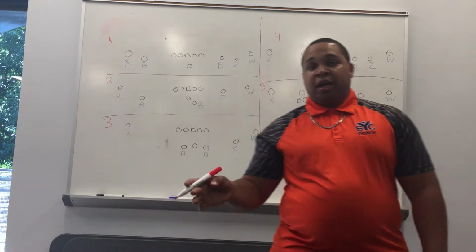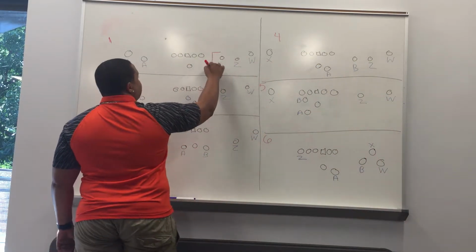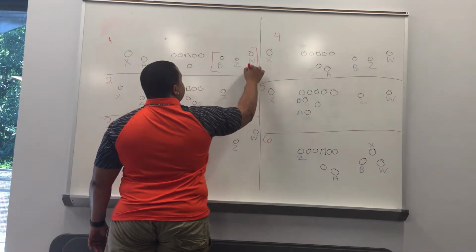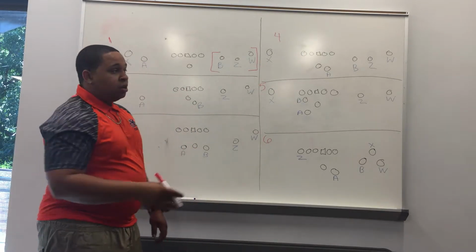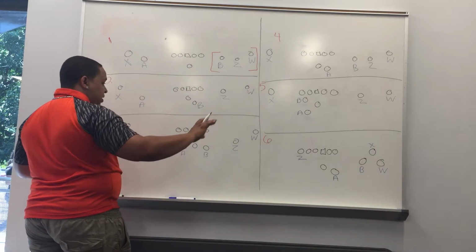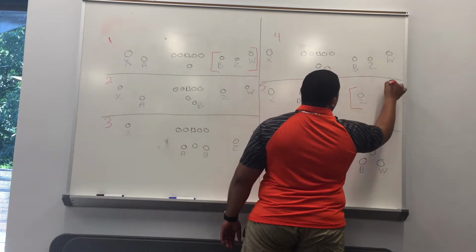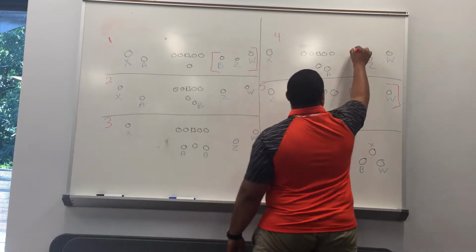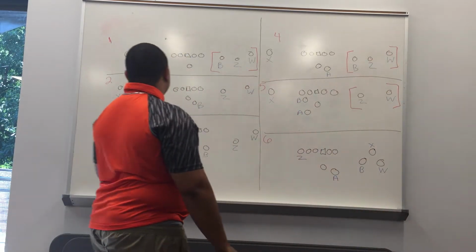But every other time, we always want the dominant receiver side, or the side with the most receivers, to the wide side of the field, because we want to make sure that we can spread the field as much as possible. Okay, so here, there's your dominant side. There's your dominant side right there.